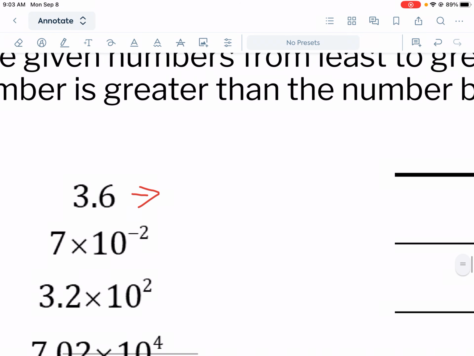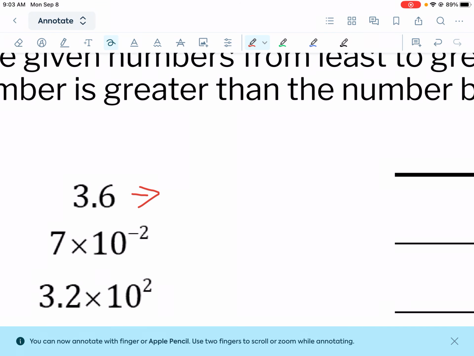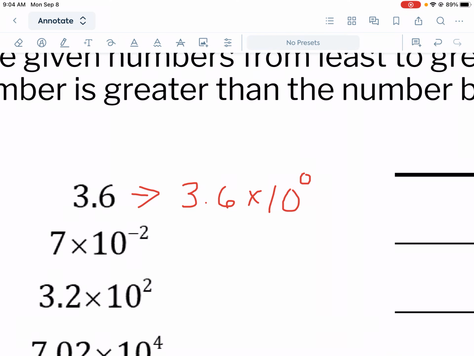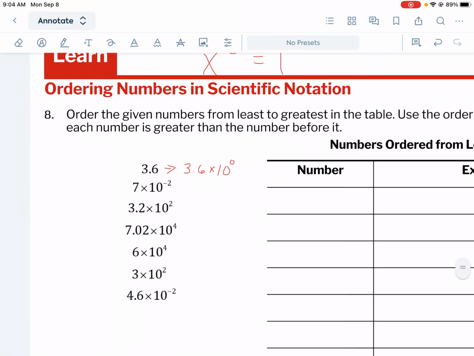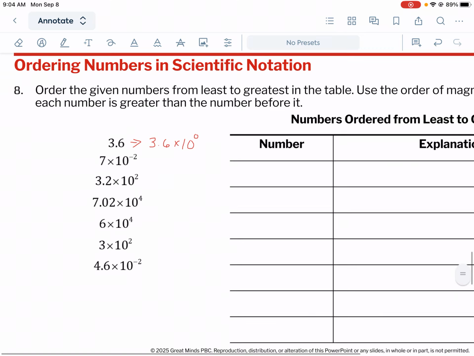We're just going to rewrite this 3.6 as 3.6 times 10 to the power of 0. That's it in scientific notation, because 10 to the 0 is 1, and 1 times 3.6 is still 3.6. So if you ever need to convert a small decimal number into scientific notation like that, that's how you do it: to the power of 0.